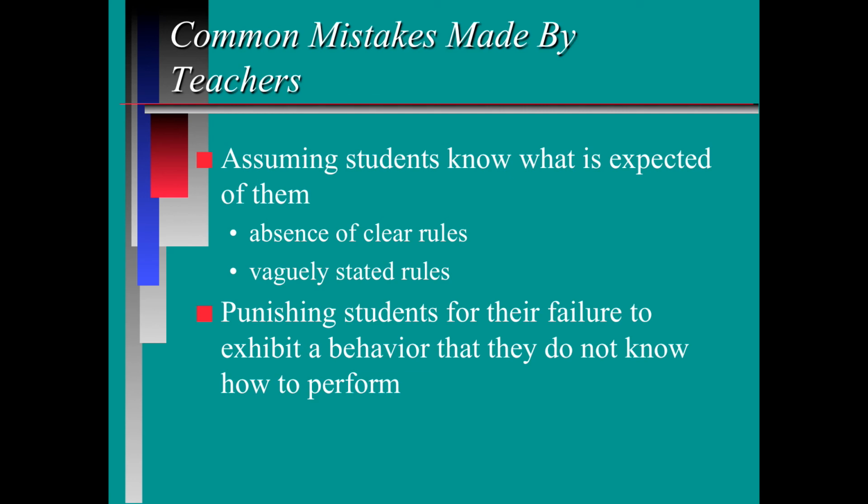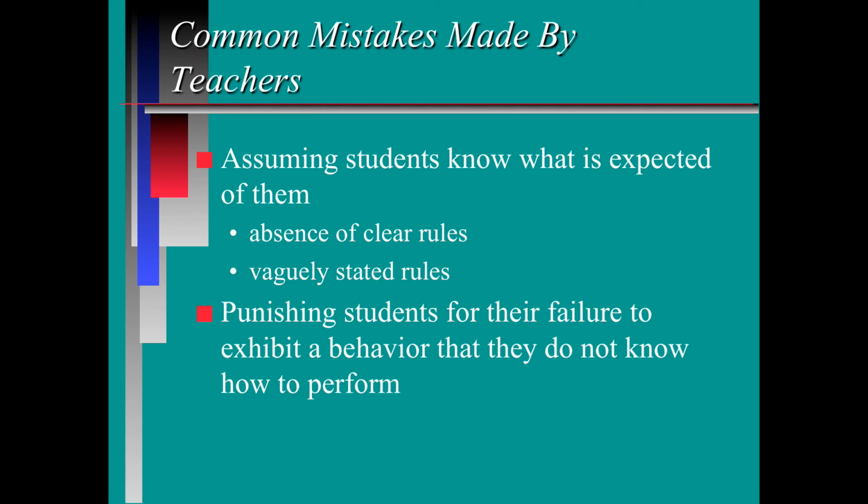Okay, we need to explicitly teach the rules because for some students the absence of clear rules or vaguely stated rules are going to cause more challenges and problems for the student as well as for us as the teacher.